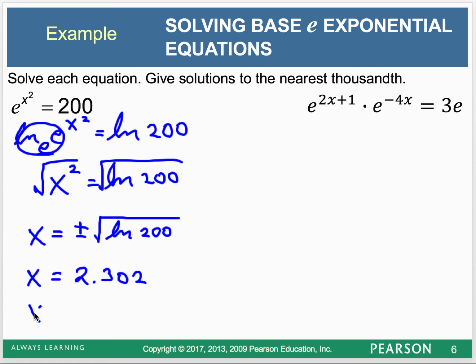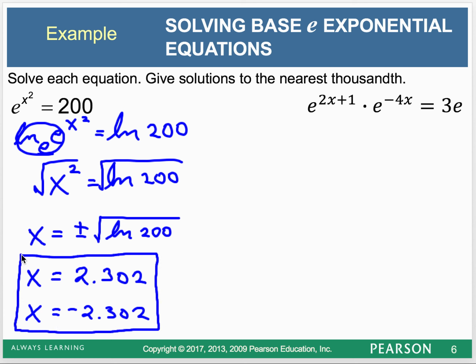And then also negative 2.302. Now remember what I'm checking when I said checking, we're checking the argument. So far we haven't had anything to check inside the argument, right? Inside the logarithm.